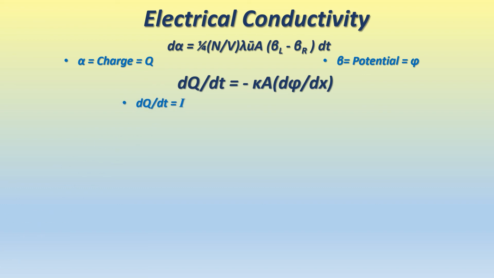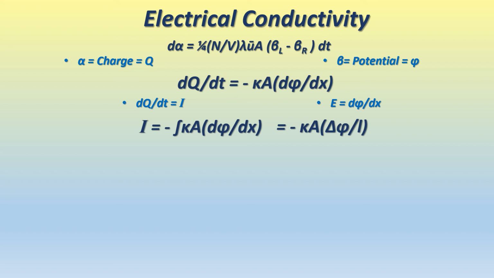The flow of charge with time is the definition of current in amperes, symbolized by I. dphi/dx is a voltage drop. So I can rewrite this that the current is equal to minus the integral of some constant times the area, dphi/dx.